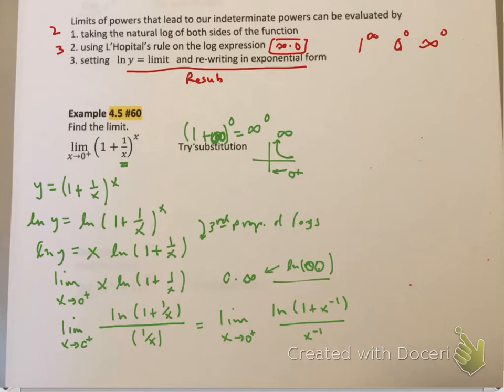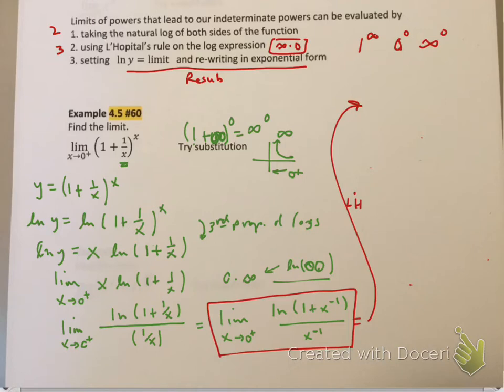So now I'm going to apply L'Hopital's rule. I think we need another color. So I'm about to apply L'Hopital's rule to this expression right here. And I better use a different color than that. So that means I'll have the limit as x approaches 0 from the right. And this is going to be 1 over 1 plus this x to the negative 1.